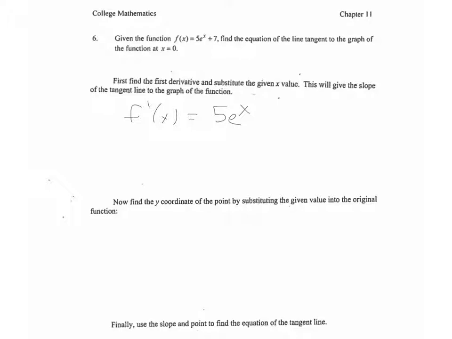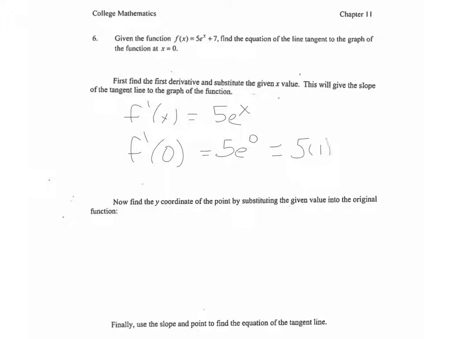Since I want the equation of the line tangent at the point x equals 0, I need to do what now? I don't want to set it equal to 0, but I want to plug in 0 to this function. I want to know the slope at the point x equals 0. So if I have 5e to the 0 power, what is anything raised to the 0 power equal? 1.